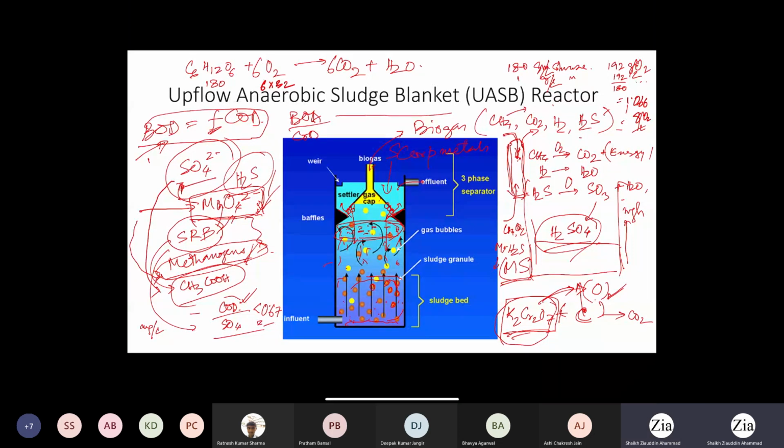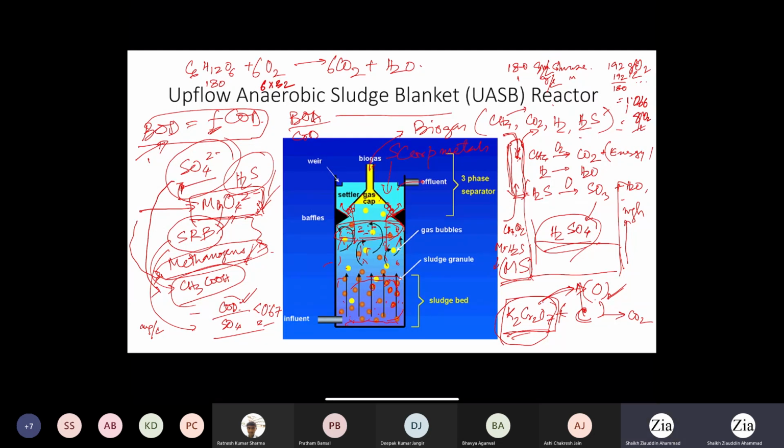So essentially, if you have low carbon content in the wastewater, you will not have good granule formation, or you will have loss of granule stability.